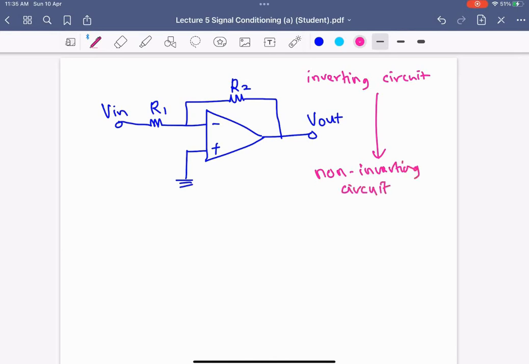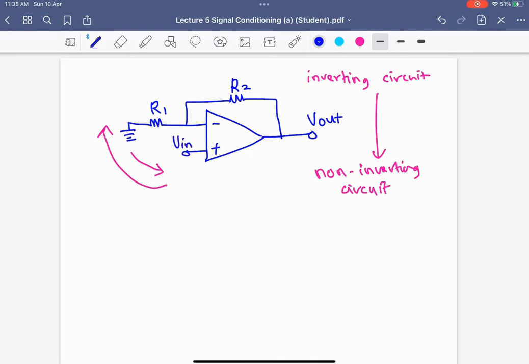The tip is you just switch these. This one goes in here, and this one goes in here. That's it. In order to make the non-inverting circuit, I put this one here to the ground, and this one is the V in.